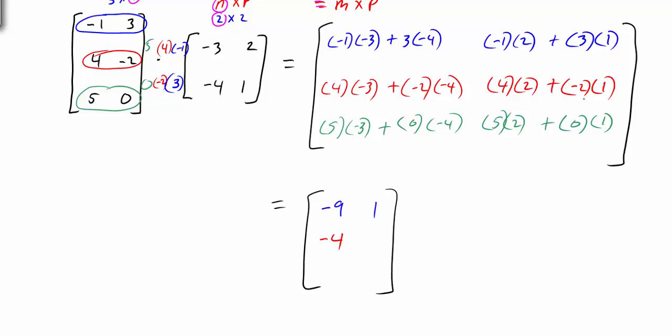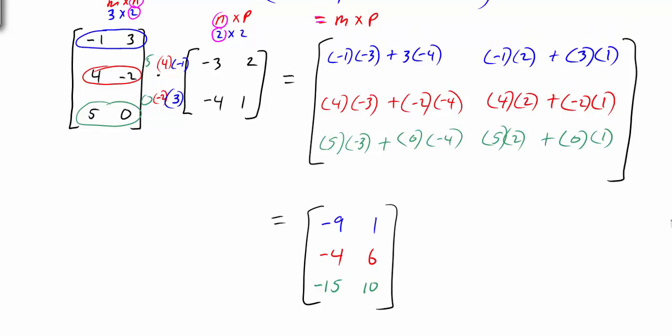And then 8 and negative 2 would be 6. 5 and negative 3, so that's a negative 15, and that goes to 0, so this would be negative 15. 5 times 2 is 10, plus 0 is 10.